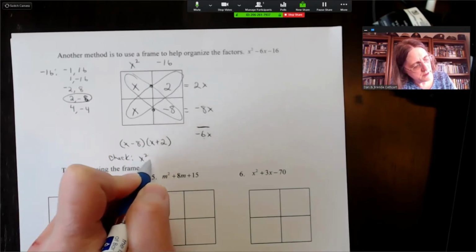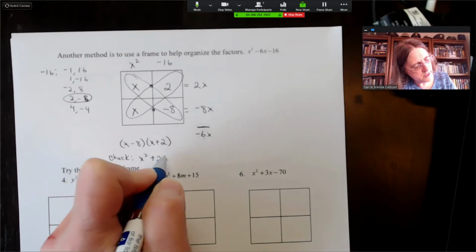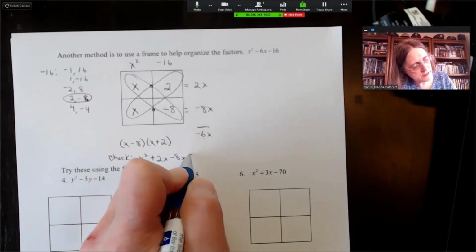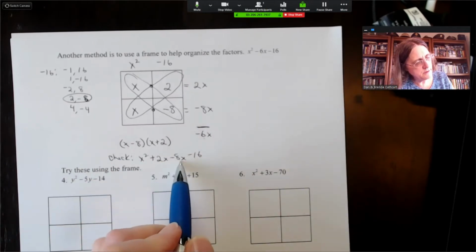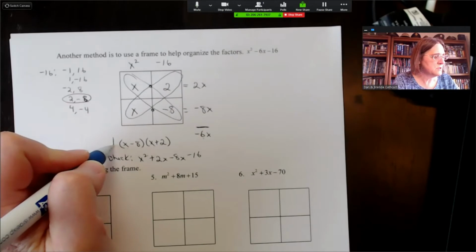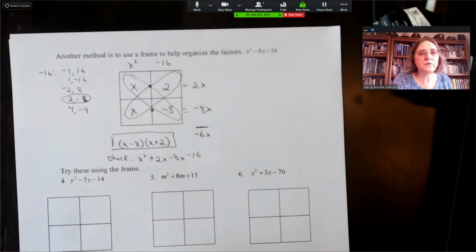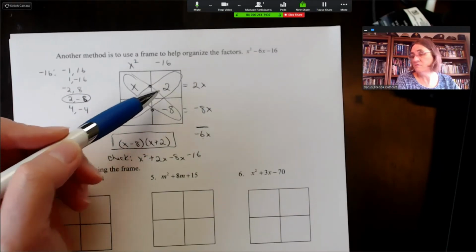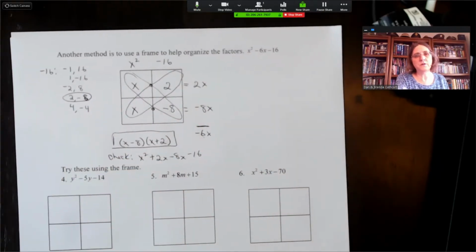First is x squared. Outer is 2x, inner is negative 8x, and last is negative 16. Our outer and inner terms add to negative 6x as required, and so those are our factors. If you don't get the first pair right, just guess again and try another possibility.